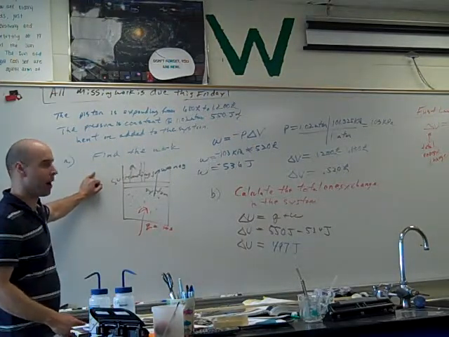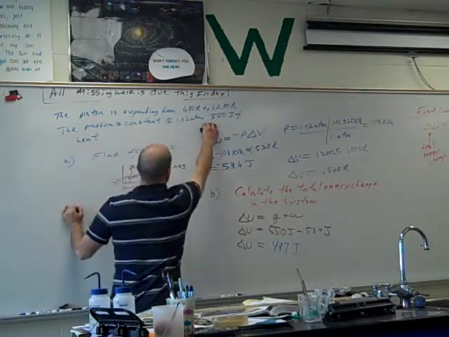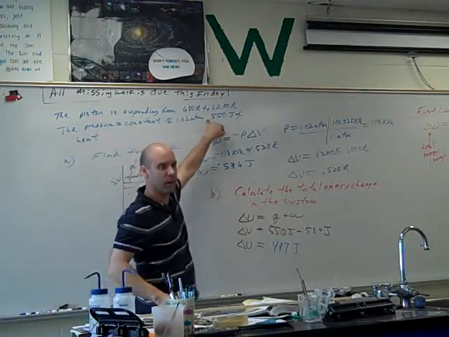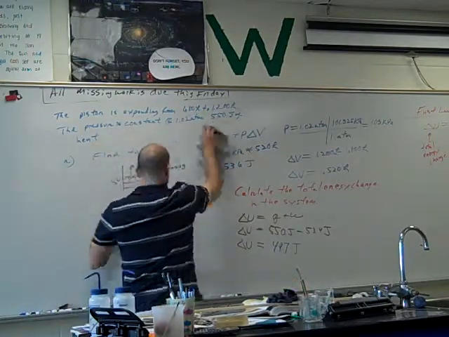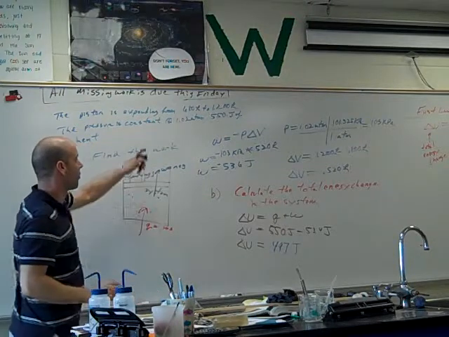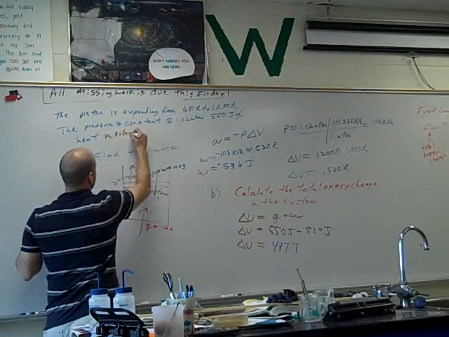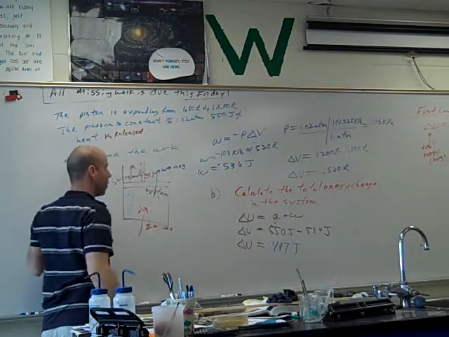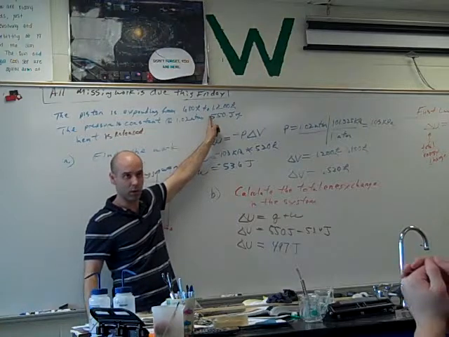When you're reading a problem, a little word of caution. They don't always put the negative sign there in the problem when it should be there. They may say something like 550 joules of heat is released, but they don't actually put the negative sign there. They're expecting you to put it in on your own.